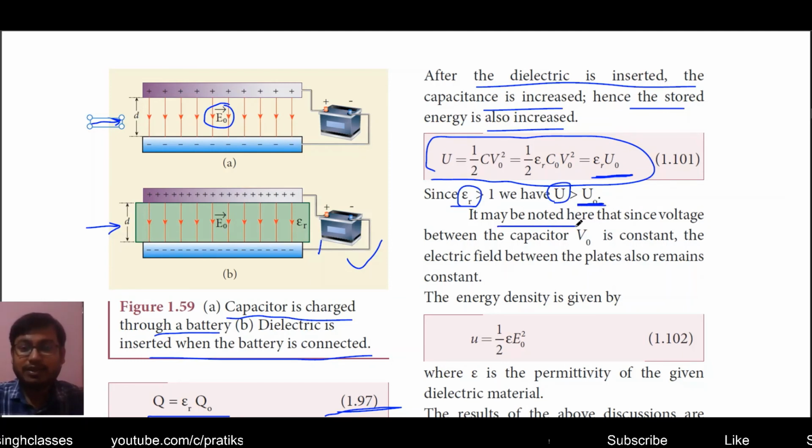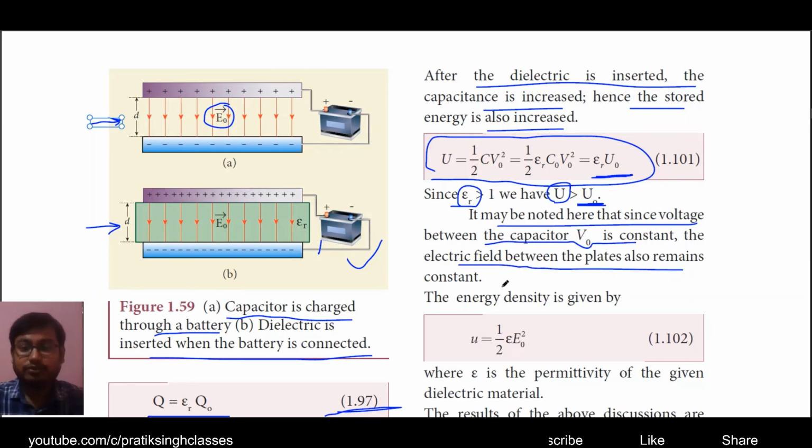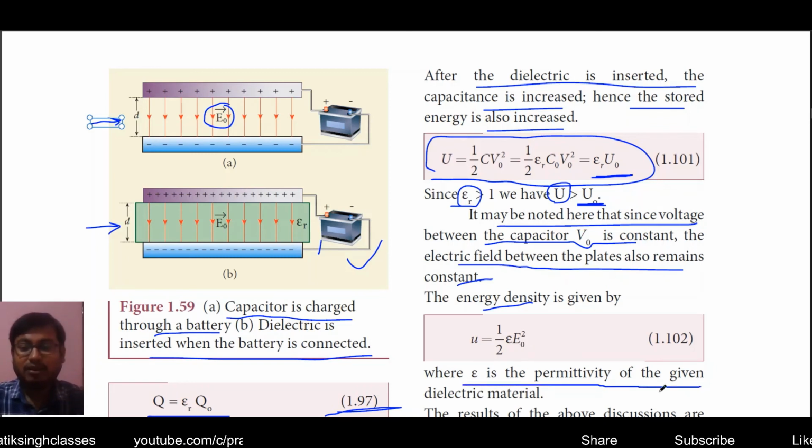It may be noted here that since the voltage between the plates V naught is constant, the electric field between the plates also remains constant. So we can write energy density as U is equal to half into epsilon into E naught square, where epsilon is the permittivity of the given dielectric material, and it depends on material to material. For different materials, the epsilon value will be different.